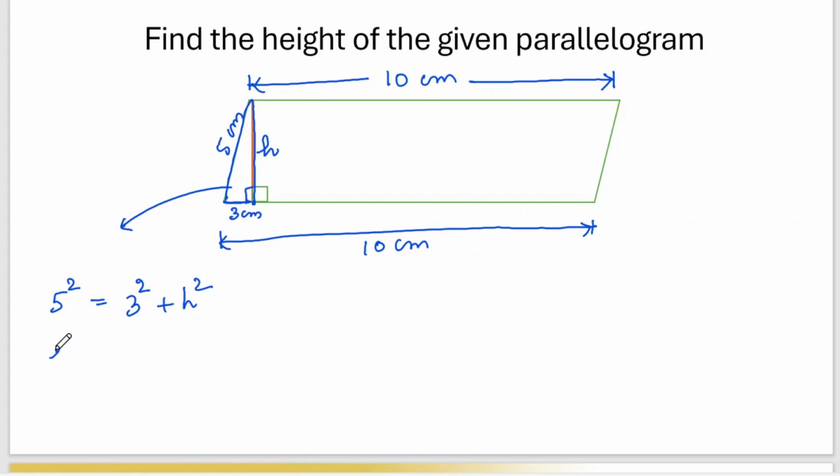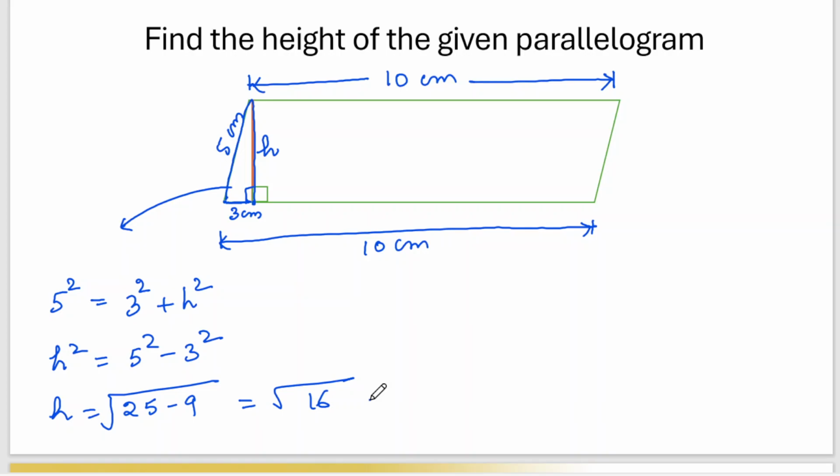So what is our h? h square equals 5 square minus 3 square. So h will be equal to the square root of 25 minus 9. Okay, so it is the square root of 16. So I can say it is 4 centimeters.